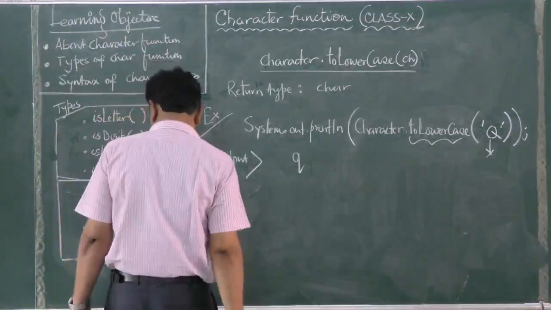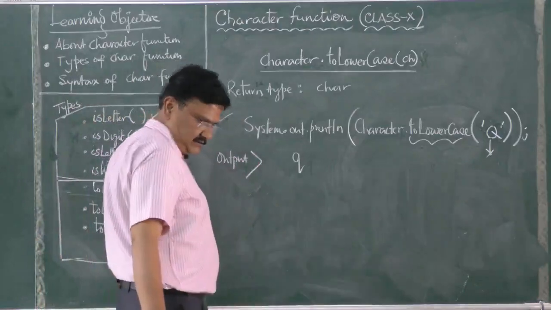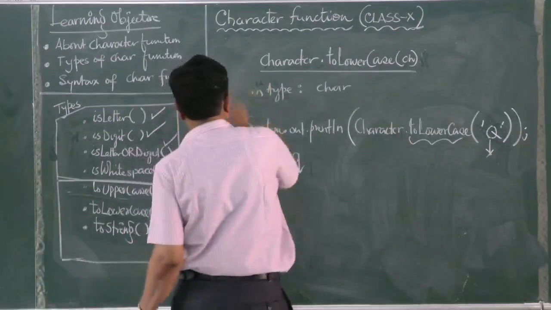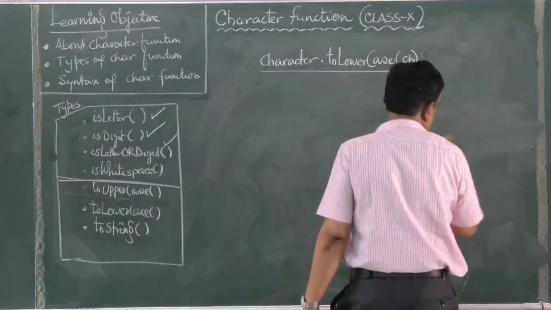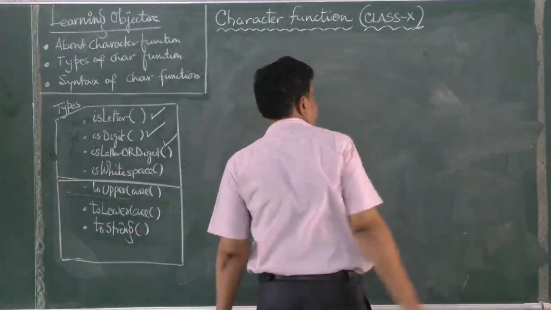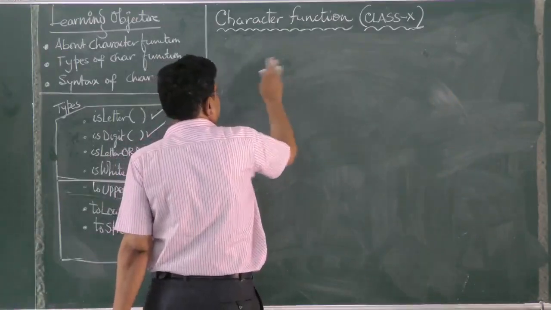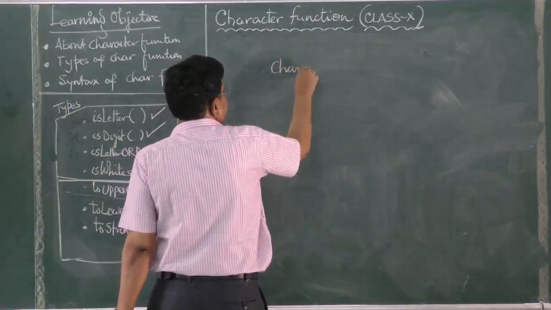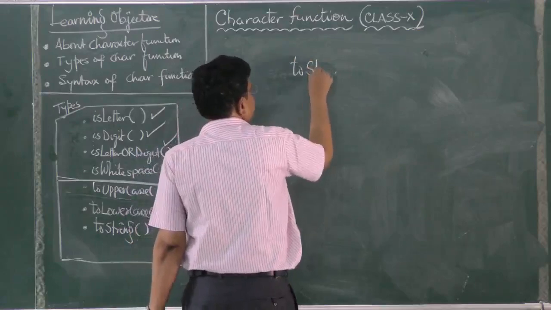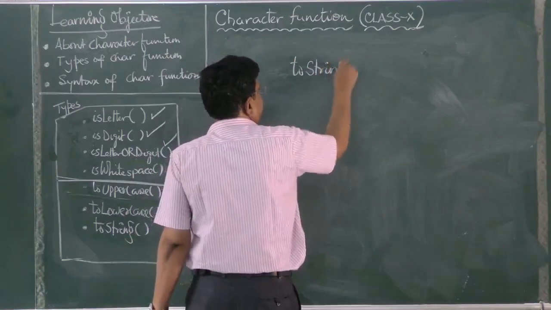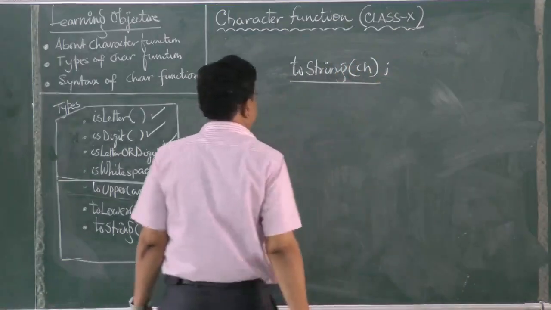Let us go to the last one, that is the toString. So this is different from the other six. toString converts an argument to a string. Now over here you write the Character, for example toString.